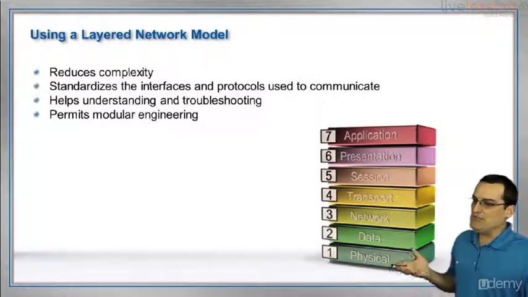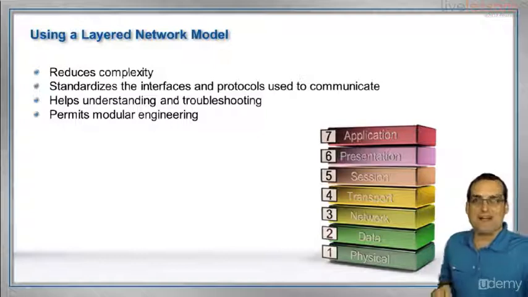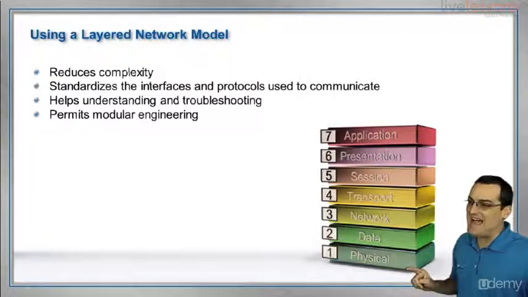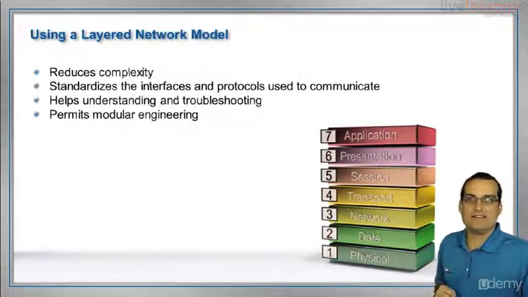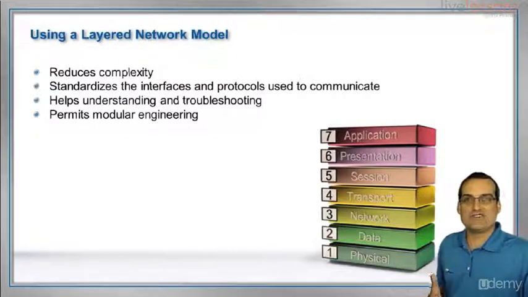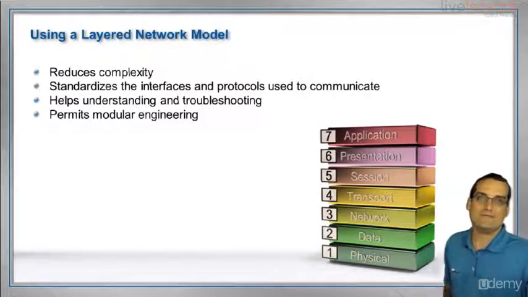Now, the first thing you need to do with this OSI model is memorize it. We can go from the bottom up, or we can go from the top down in order to memorize it. There are two common mnemonic devices that are used to help students keep these layers and their exact order straight.